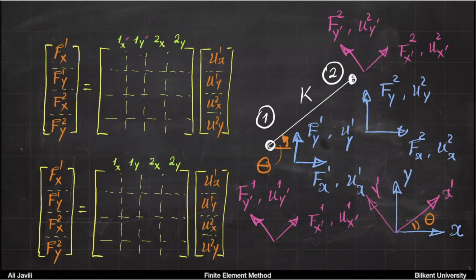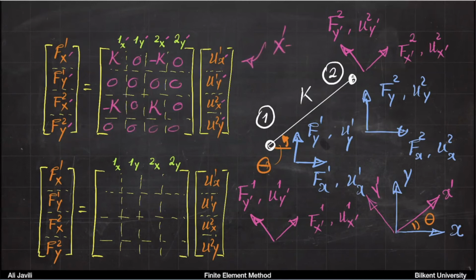So if these coordinates were x prime and y prime, in that coordinate system, the element would have looked like a 1D element. So it would have been k 0 minus k 0, 0 0 0 0, minus k 0 k 0, 0 0. Okay, so this is again, let's say, x prime y prime coordinate system.